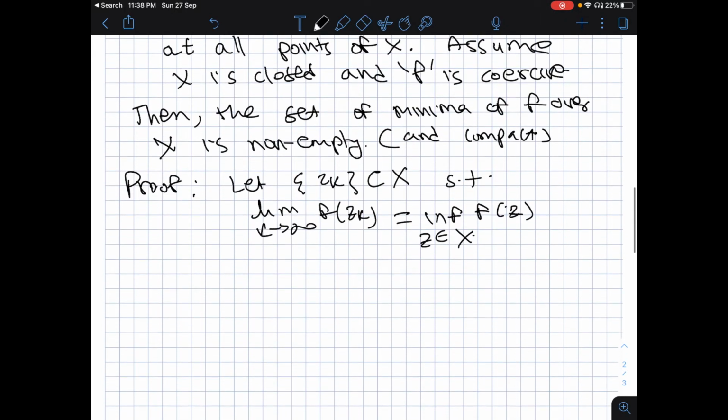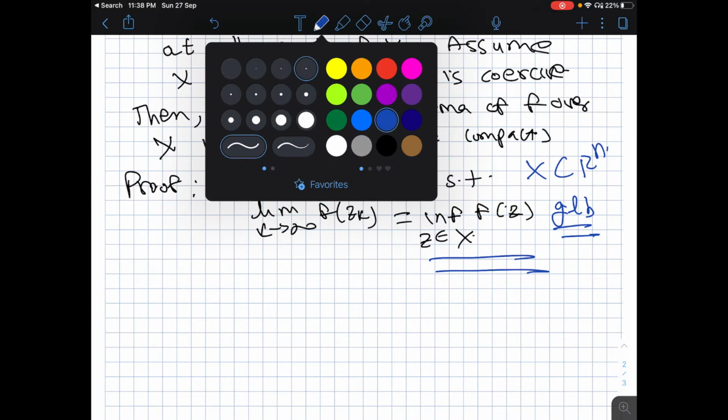Such a sequence has to be there, because if such a sequence is not there, then how would this be the infimum? Infimum is the greatest lower bound, and if it's a greatest lower bound, it has to be approached by some sequence in the set X. And X is, of course, again you recall, a subset of R^n in general for us.